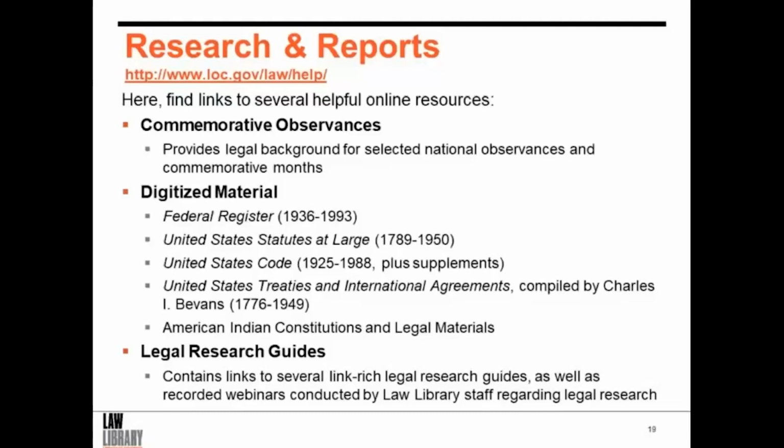The United States Statutes at Large, which are the public and private laws of the United States published in chronological order. 1951 forward is going to be available on the Government Publishing Office's website, and we include a link to that. The United States Code, which is the subject organization of the laws of the United States, and a link to U.S. treaties, 1776 to 1949.